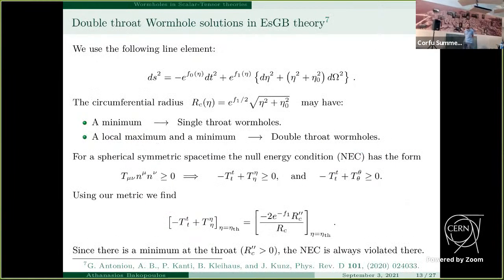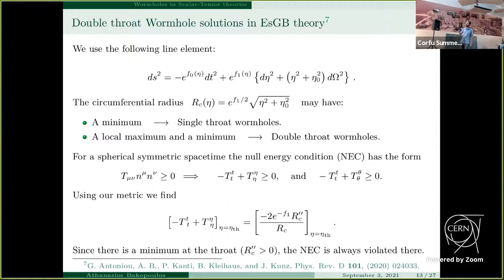Two years ago, with my collaborators, Antoniou, Kanti, Kleihaus, and Kunz, we found that the Einstein scalar Gauss-Bonnet theory accepts wormhole solutions for any form of the coupling function.